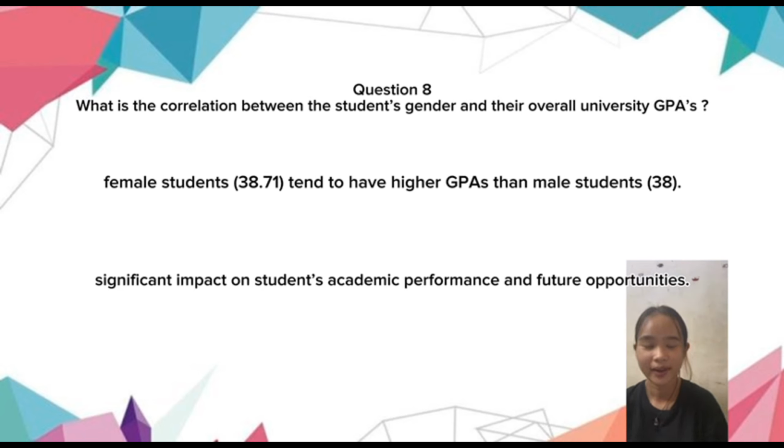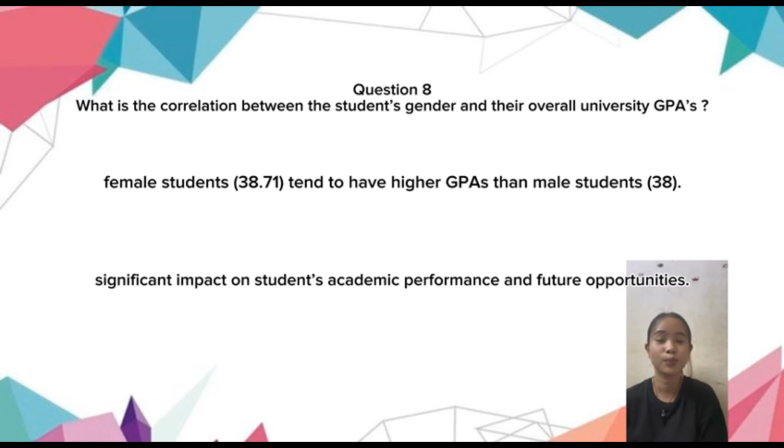For question number 8 is what is the correlation between the students' gender and their overall university GPAs? There is evidence that gender has an effect on GPA among university students. Studies found that on average female students 38.71 tend to have higher GPA than male students, which is 38.